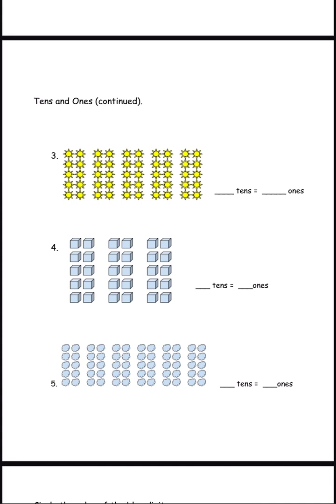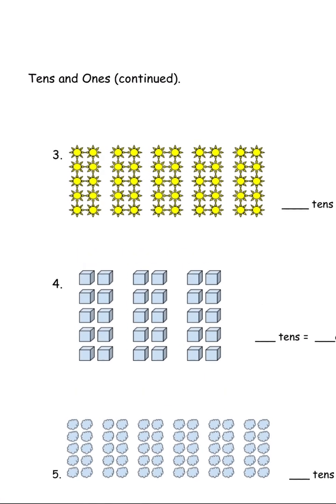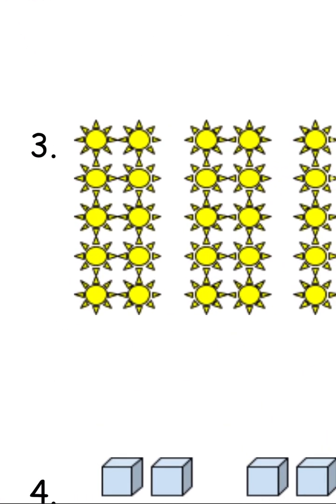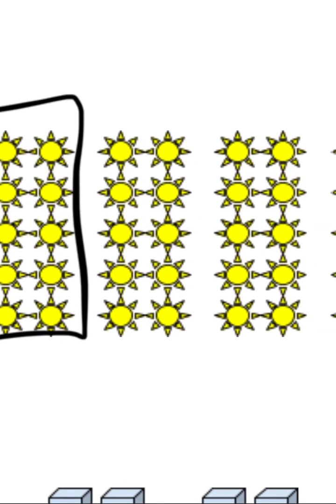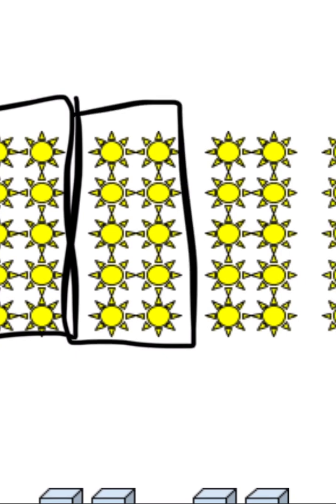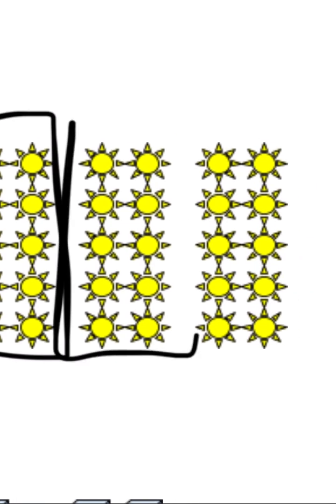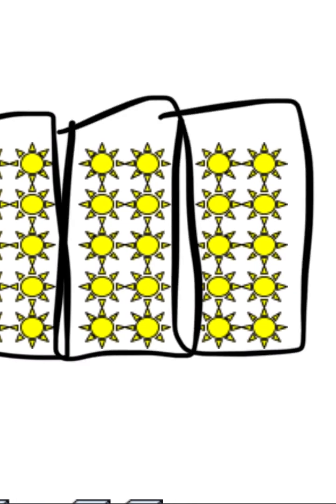So for number 3, we have sun shape over here. So let's group them again. Group them in tens. 1, 2, 3, 4, 5.